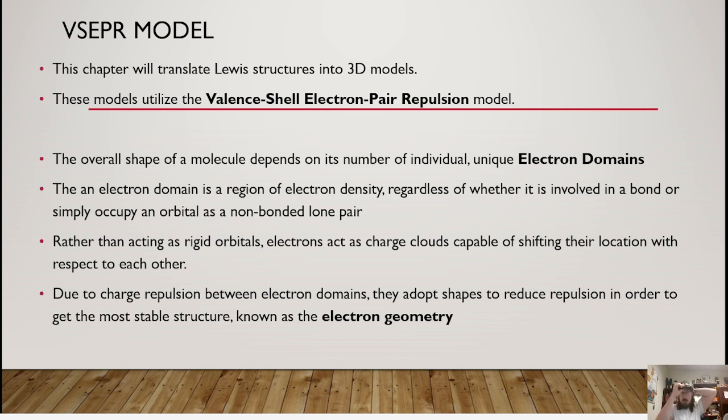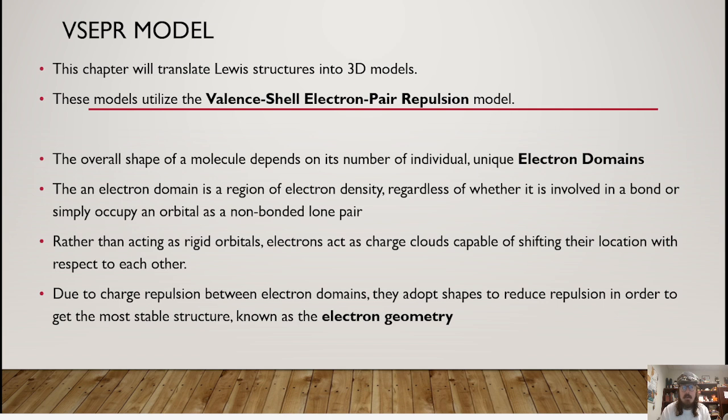So when we look at our model, the overall shape of our molecule is going to depend on a number of individual unique electron domains. A domain or domicile is the home. It's where the electrons are at home within this Lewis structure. It's the region of electron density where a pair is located. Probabilistically, where is it most likely found?